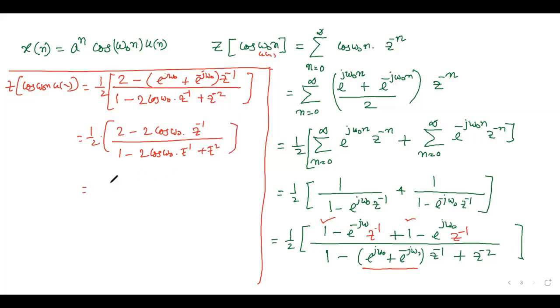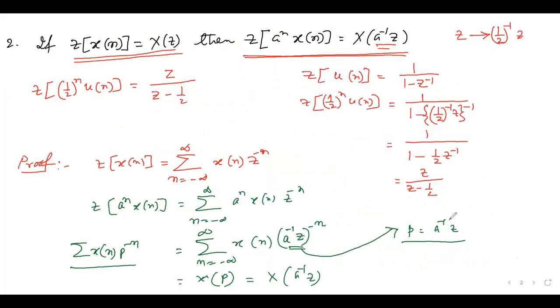So that means 1 minus cos omega 0 z inverse, divided by 1 minus 2 z inverse cos omega 0 plus z to the power minus 2. Now you are asked to find the transform of a to the power n times this. Using this property, replace z by a inverse z.